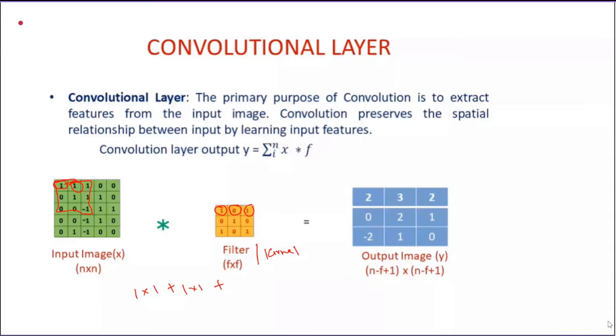Likewise, we multiply these pixel values of the image with the respective pixel values of the filter, and then take the summation. Finally, you get a value, and that value will be the convolved pixel value. So this is what we call the activation map.